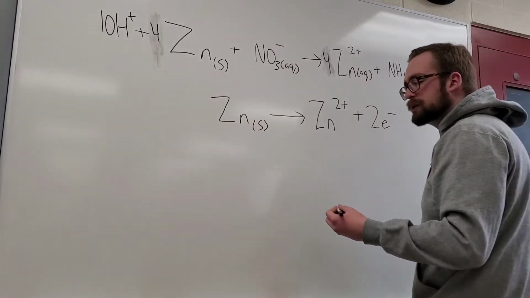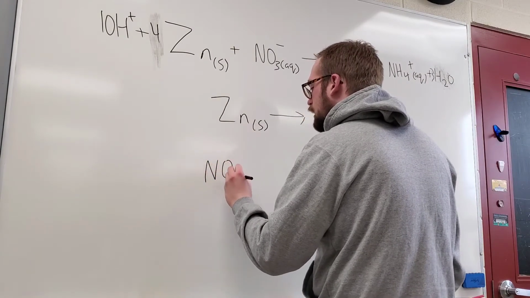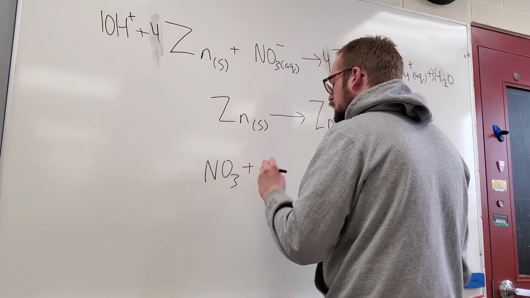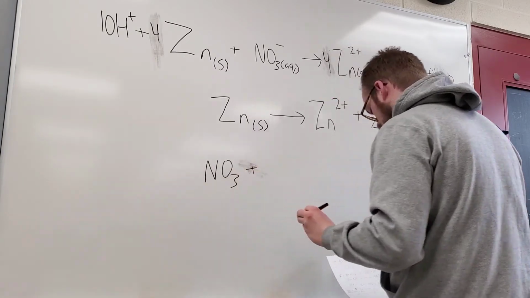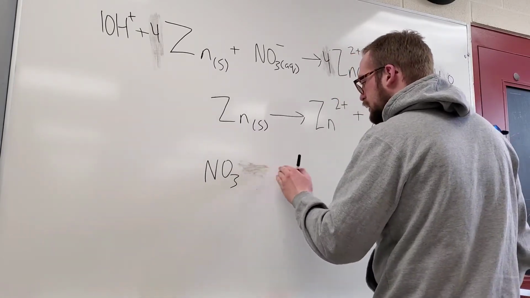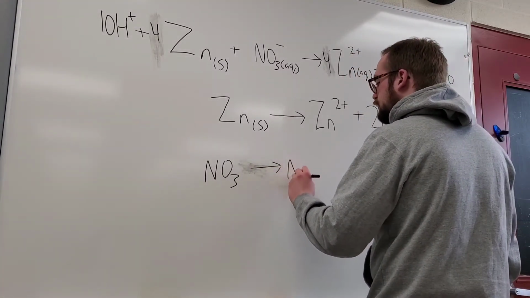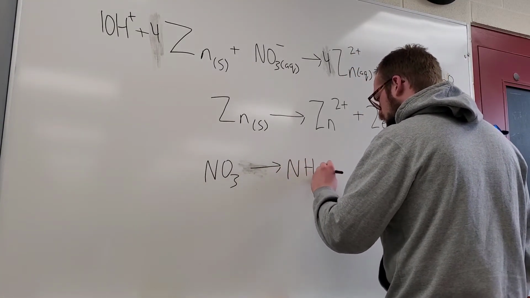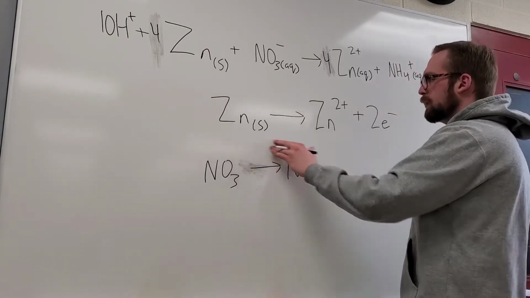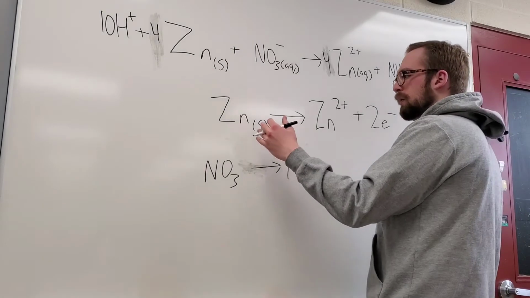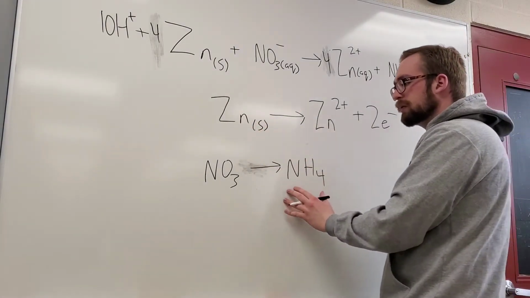This is our oxidation reaction, and then our reduction reaction is NO3 minus, we don't know about our electrons, but it does become NH4 plus. Then, so far we're happy with this one. We know that if we go from zinc solid to zinc 2 plus, we have to have 2 electrons. This one's a little tricky.